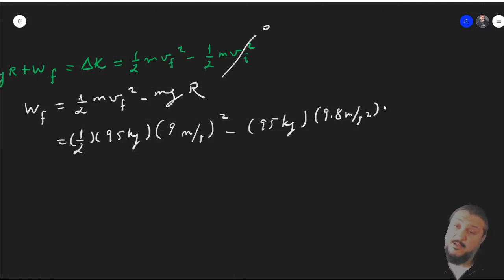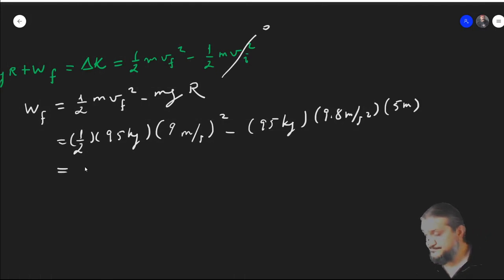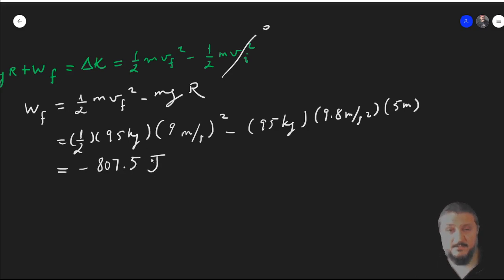All right, so let's find this. 0.5 times 95 times 81, that's not 81, that's 9 squared, minus 95 times 9.8 times 5, negative 807.5 joules. Okay, that's the energy dissipated. So what happens to this energy? It becomes heat mostly, and sound.